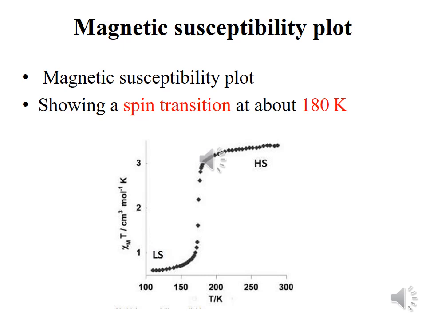At initial temperature, meaning at 100 Kelvin, the complex has low spin state. As temperature is increased and reaches 180 Kelvin, it changes into the high spin complex.